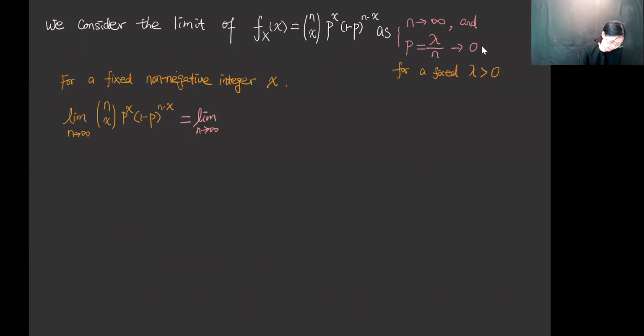Remember that is n times n minus 1 times n minus 2 until you are at n minus x plus 1 divided by x factorial. So that is n choose x times p to the power x, where p is lambda over n to the power x, and 1 minus lambda over n to the power n minus x. So we do this.